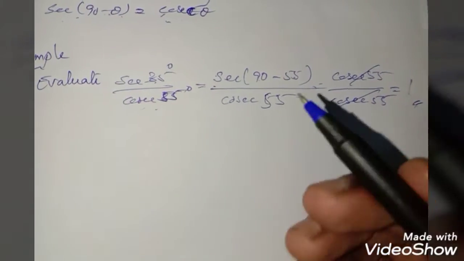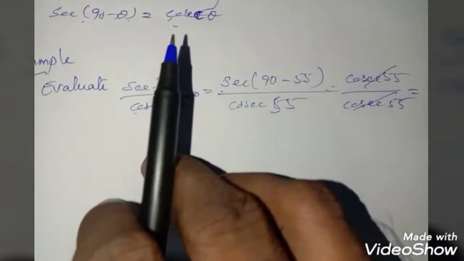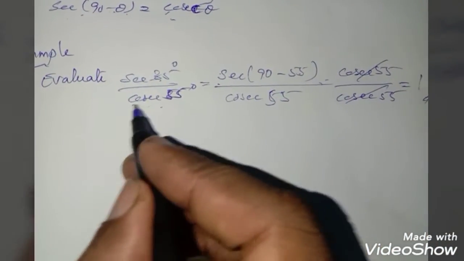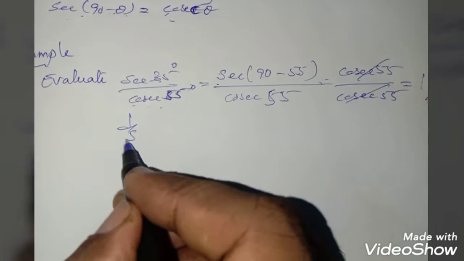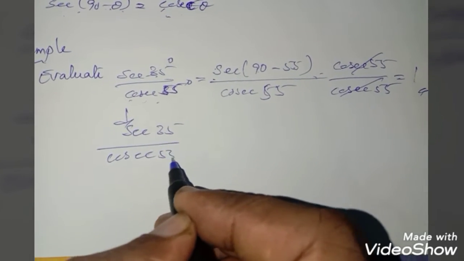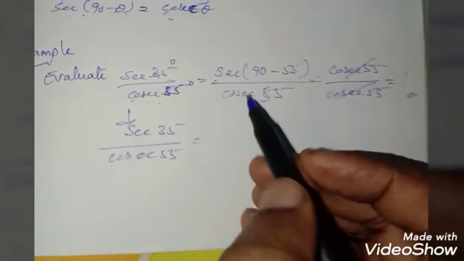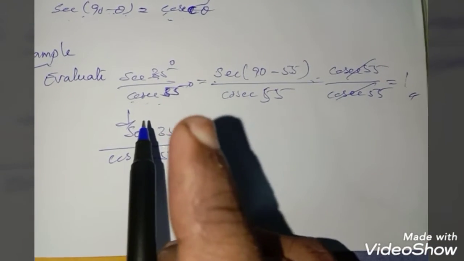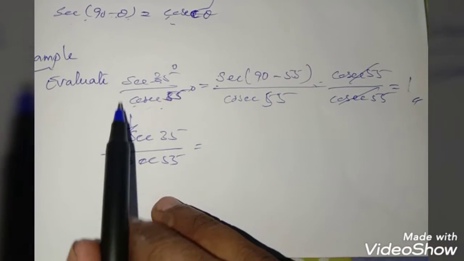Now if I want to convert the denominator in terms of sec, how do we do it? Take the same problem, sec 35 by cosec 55. I am converting only one of the values, not both.